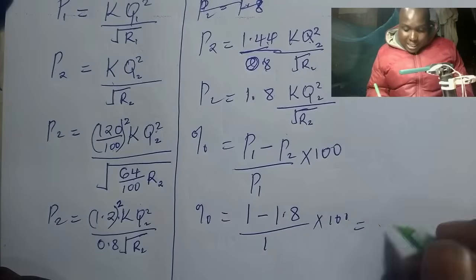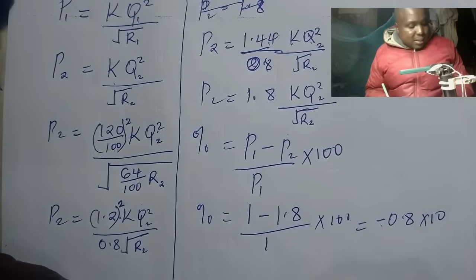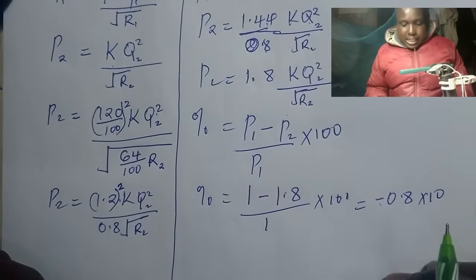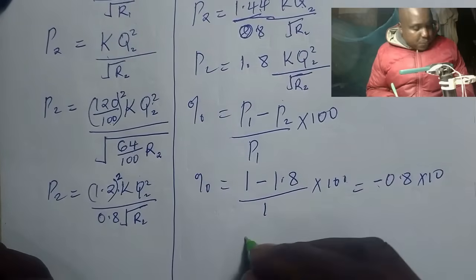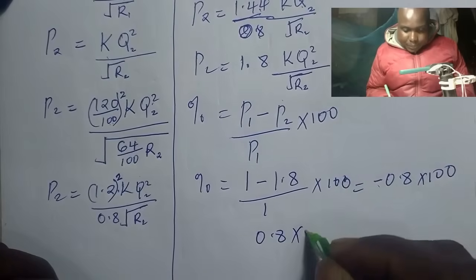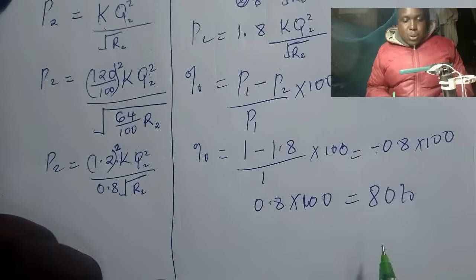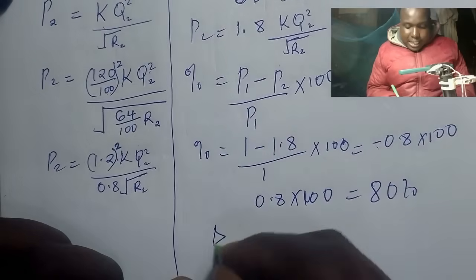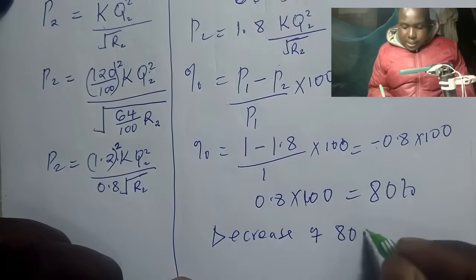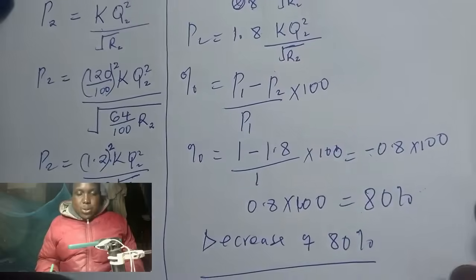You find that this one is negative 0.8 times 100. When it is negative, it means it was a decrease. So we have 0.8 times 100, and that will give you 80%. Because it was negative, you say a decrease of 80%. You don't write negative 80, no, you write it as a decrease.